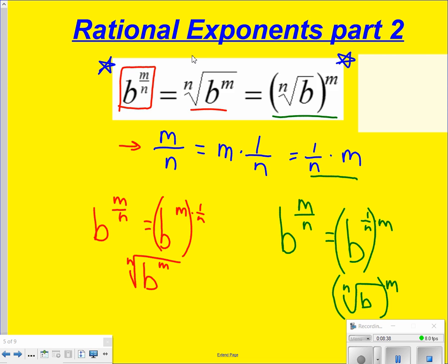Again, our key focus though is that when you have this rational exponent, the numerator now is the power that you raise it to, okay? The denominator is the index, okay? Let's see a couple examples and really cement this idea.